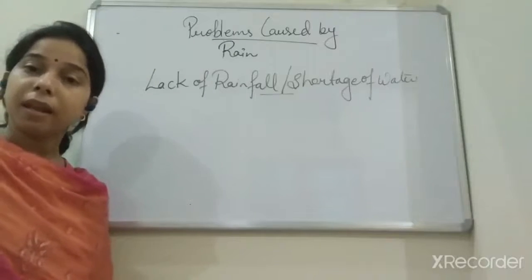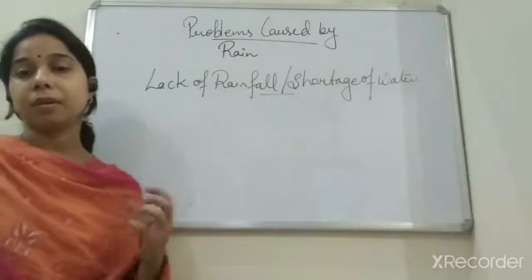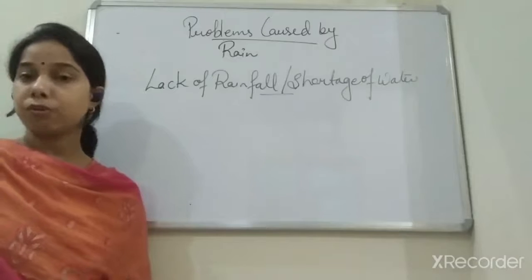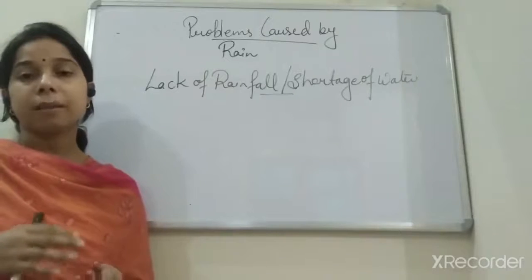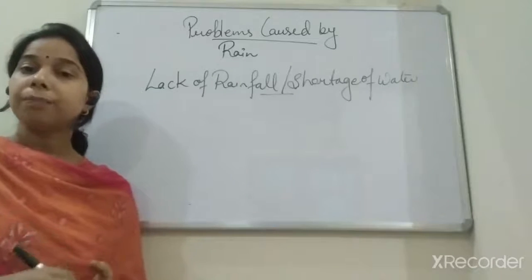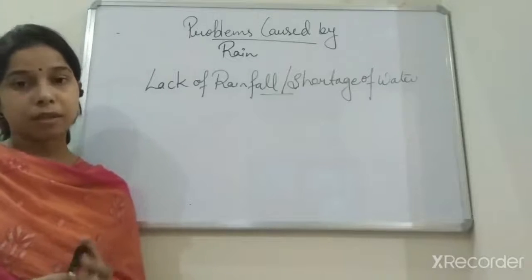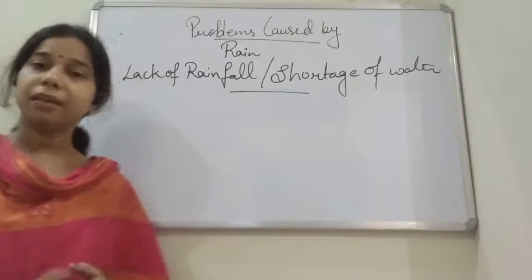Okay, so it will help in giving the moisture to the soil. It will help in the growth of the crops. It will help in maintaining the level of the water body, and helps in maintaining the level of the underground water.